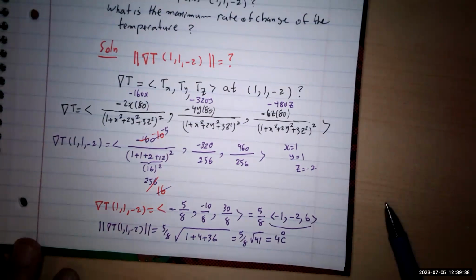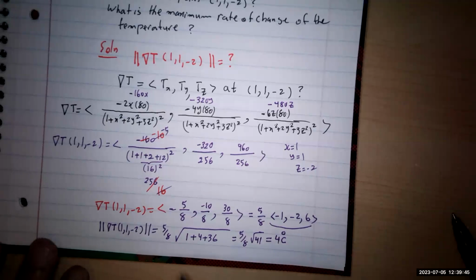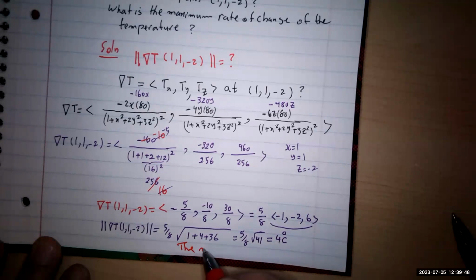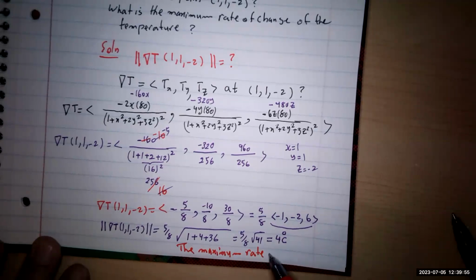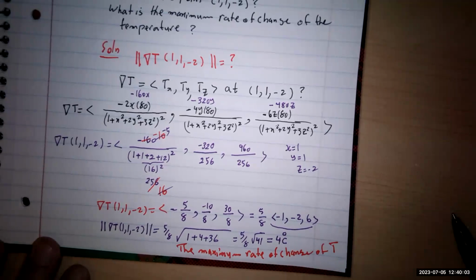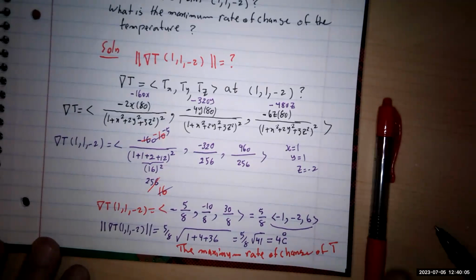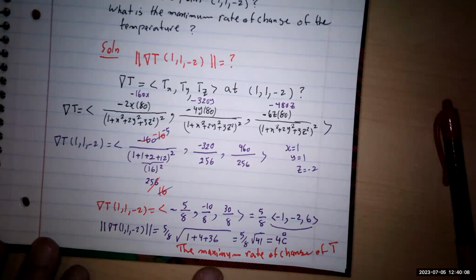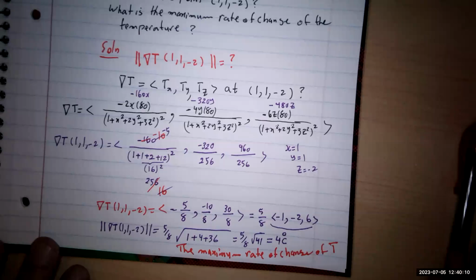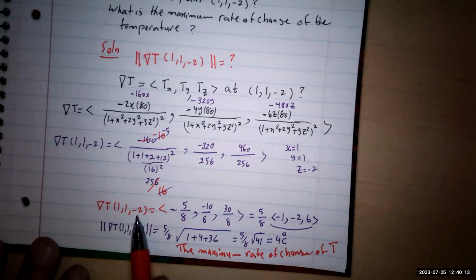So I'm going to just write an explanation for it, but otherwise we're done. Okay, so this is the maximum rate of change of the temperature T. The direction is going to be the direction of the gradient vector.